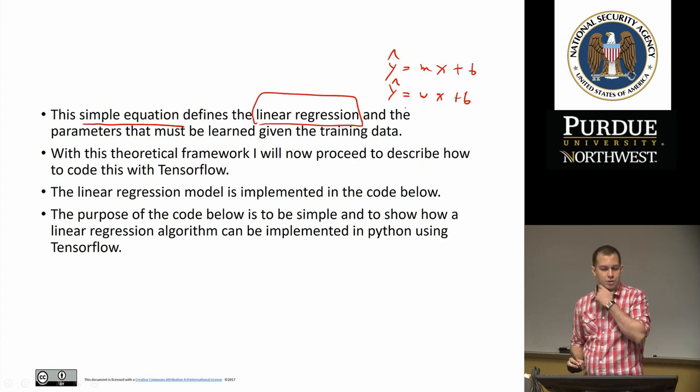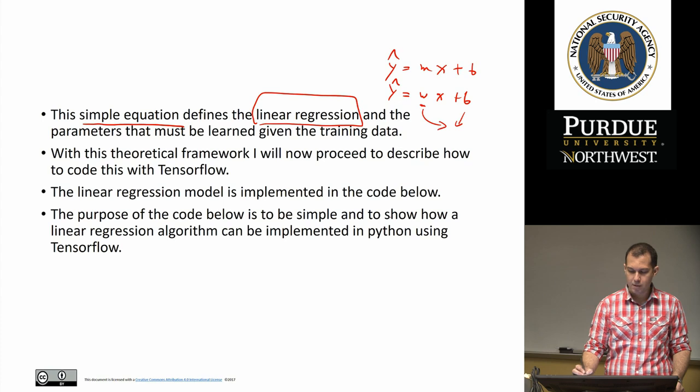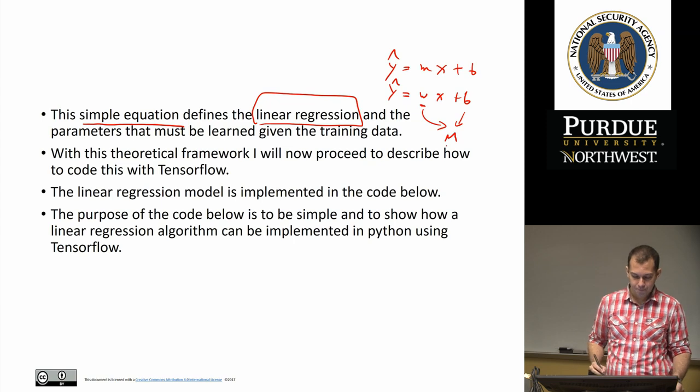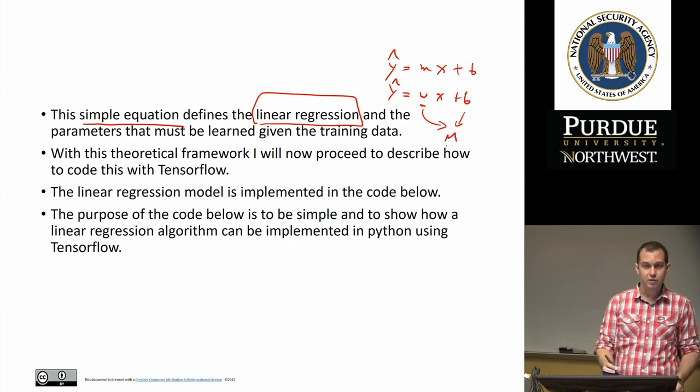This simple equation defines the linear regression, and the parameters that must be learned given the training data. These are the parameters that we are actually learning in this model. They're the model, given the training data. With this theoretical framework, I will now proceed to describe how to code this with TensorFlow.